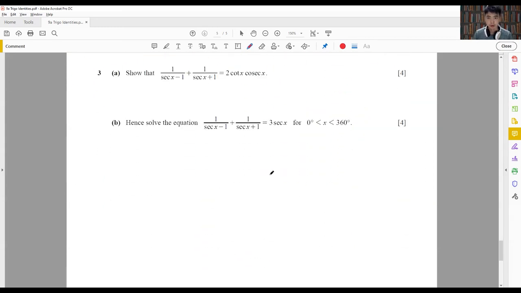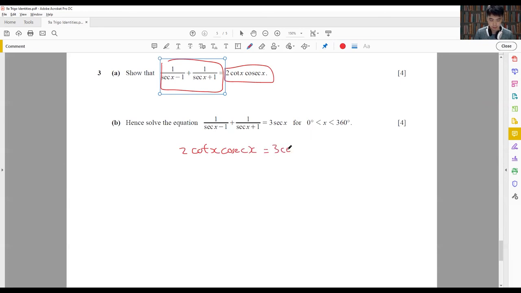And then for your last question here, it is known that this equation up here equals 2 cot x secant x. So this is exactly that. You don't even need to change anything. Just rewrite it. 2 cot x cosecant x equals 3 secant x, range from 0 to 360 degrees.